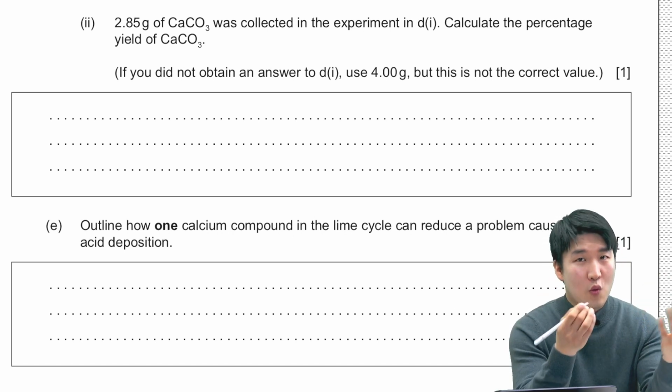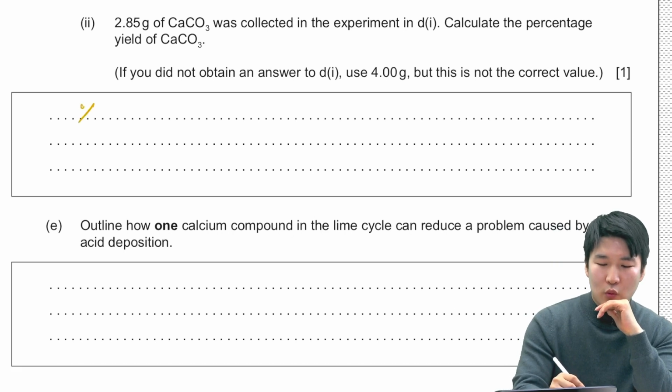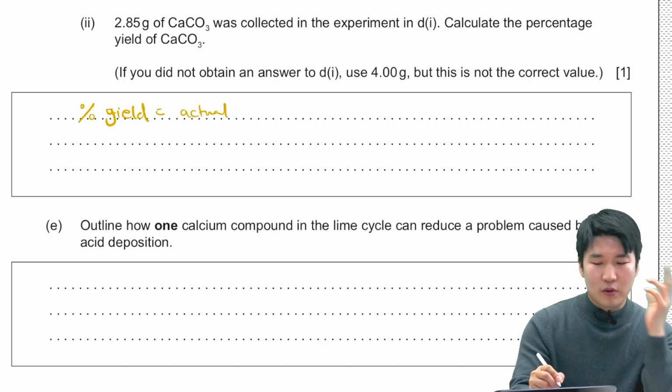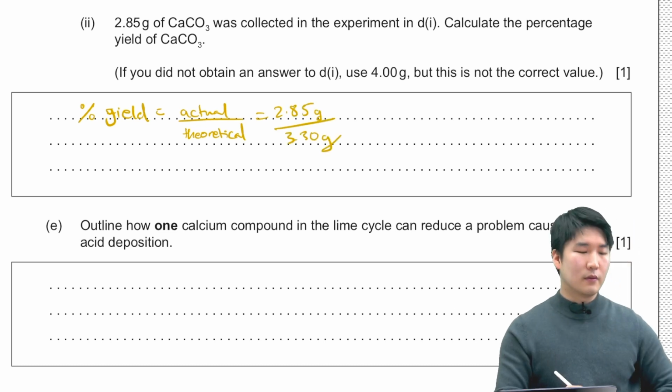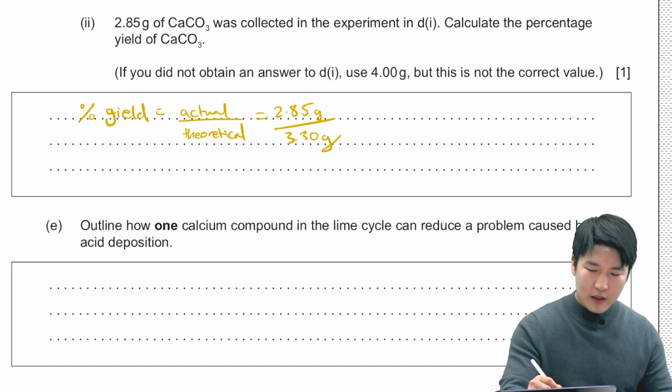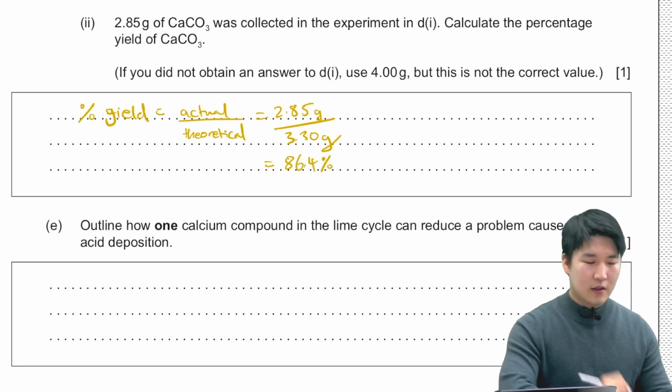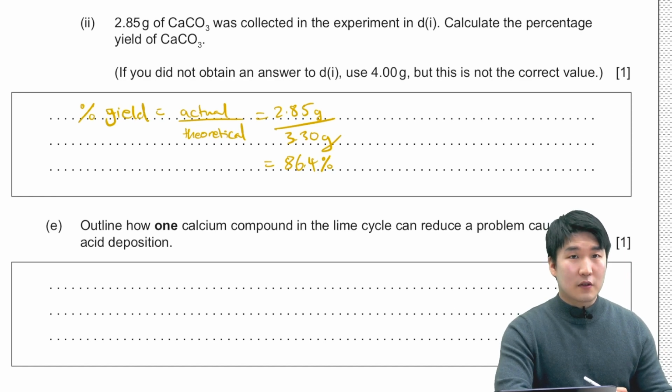If we work out the percentage yield, it is the actual amount produced over theoretical, which means 2.85 grams over 3.30 grams. Do the math, and we'll be able to work out that we have 86.4% for the percentage yield.